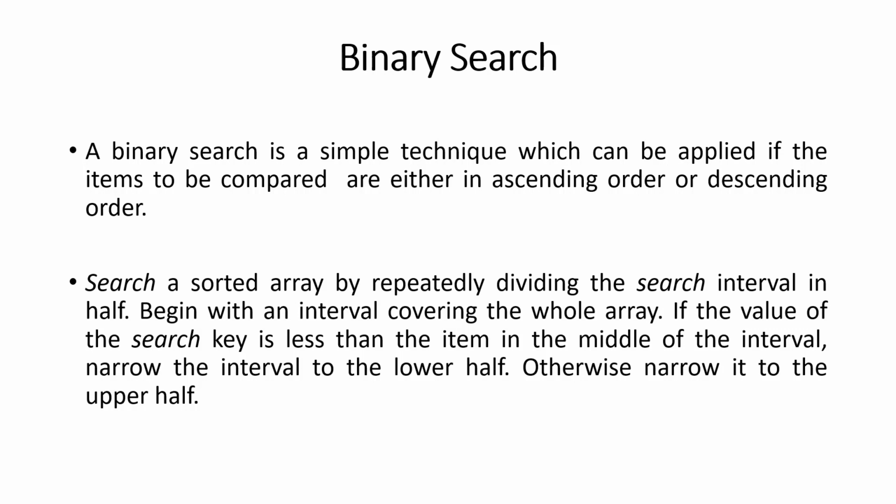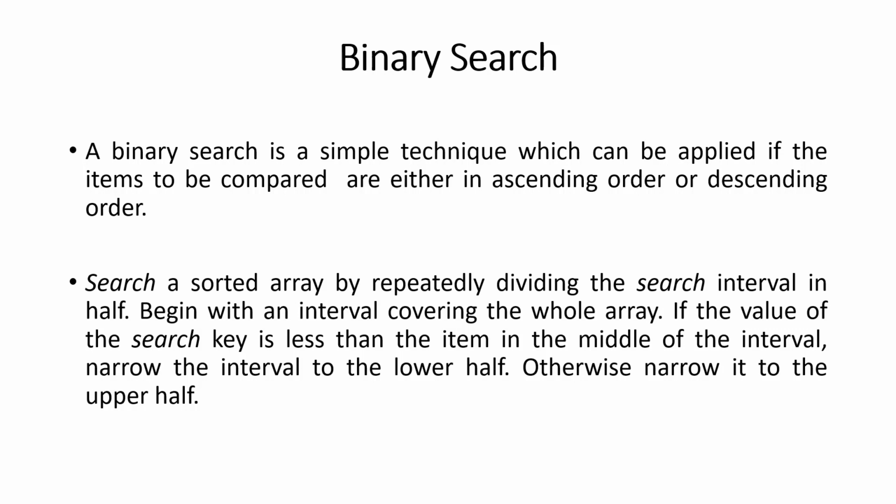Now the concept of binary search we can study with a program also. Search a sorted array by repeatedly dividing the search interval in half, beginning with the interval covering the whole array. If the value of the search key is less than the item in the middle of the interval, then narrow the interval to the lower half.